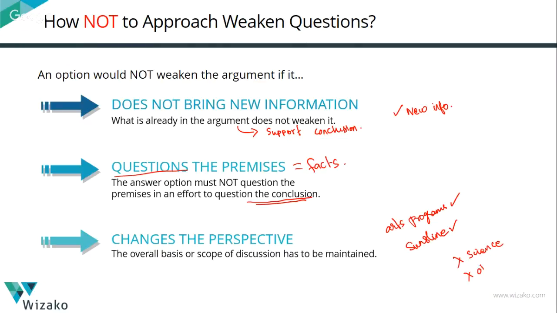If you have an answer option that talks about other universities, still not the right answer. So you have to bring in new information, but you have to stay within the scope of the discussion. Within the discussion on Sunshine University's arts programs, what else can I say to weaken the argument? Changing the perspective completely will not necessarily weaken it. That will be out of scope of the discussion.